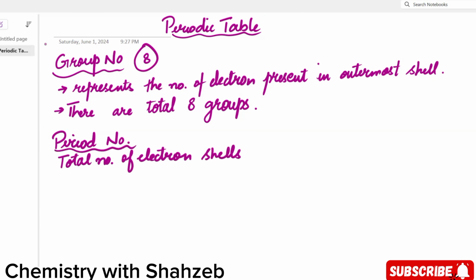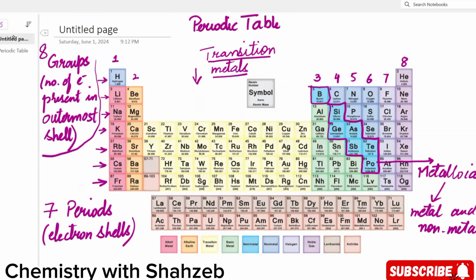There are 7 periods in the periodic table. Now, if we move from left to right, on the left hand side there are metals, and on the right hand side there are non-metals.